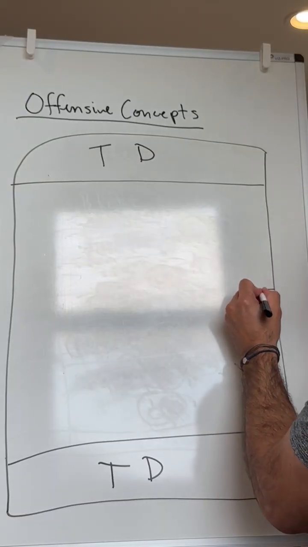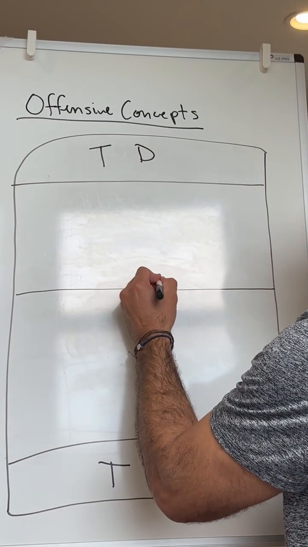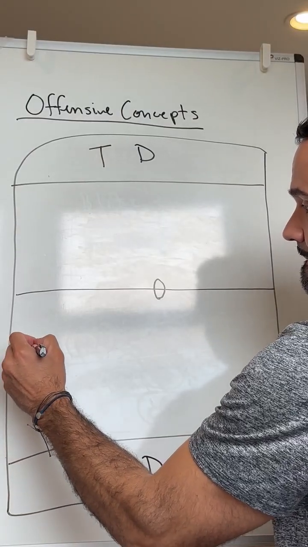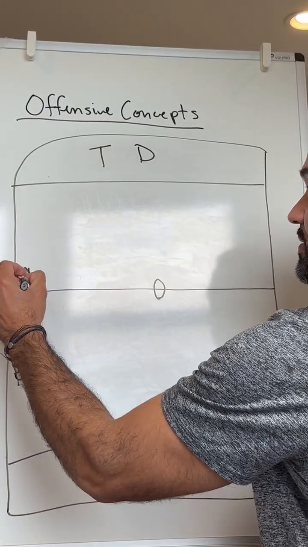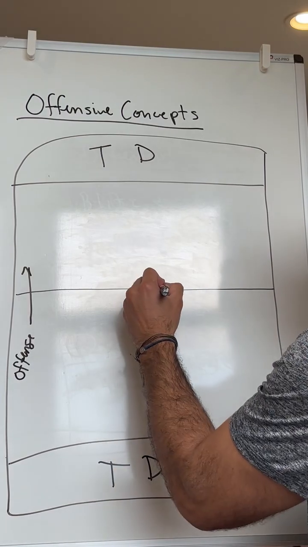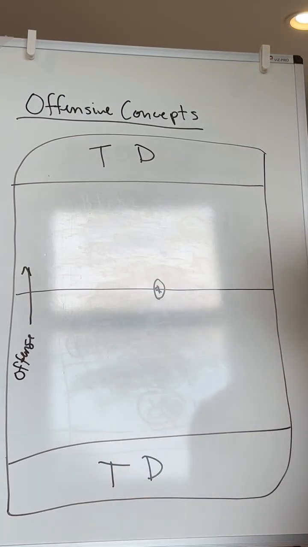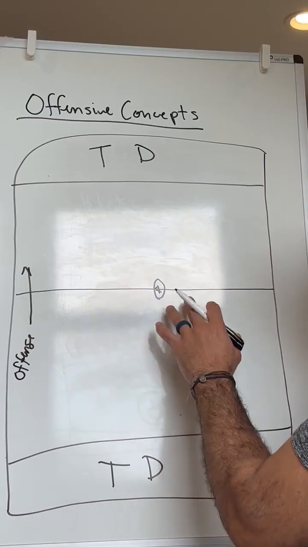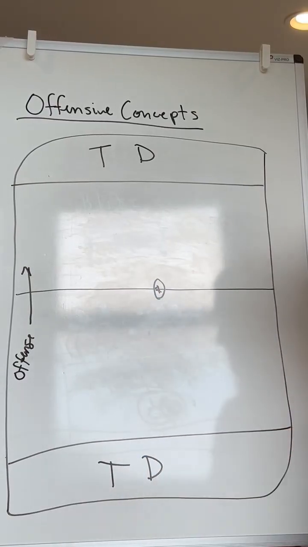I'm going to call this the line of scrimmage again. Here's our football. We're the offense, and we're running this way. A formation is how we line up, how we position our bodies in relationship to the football.